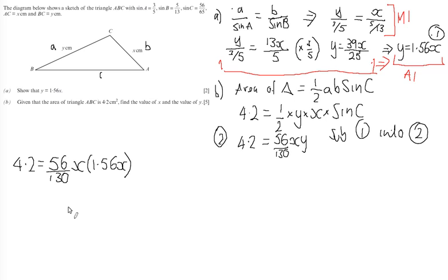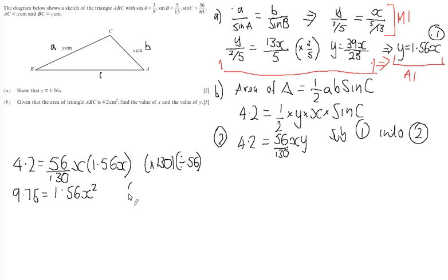Now if I times by 130 and divide by 56, to get rid of the fraction on the left hand side, what I get is 9.75 equals 1.56x squared.